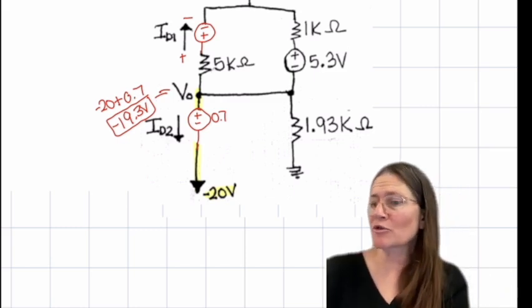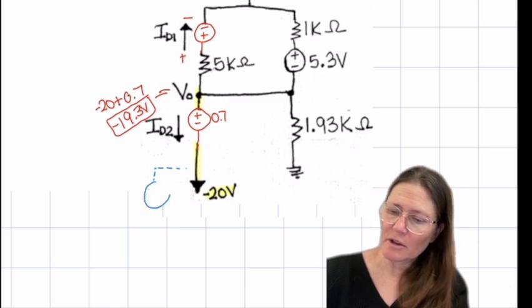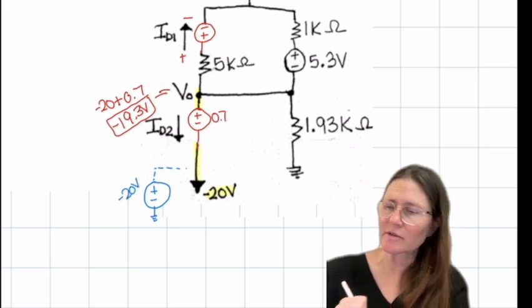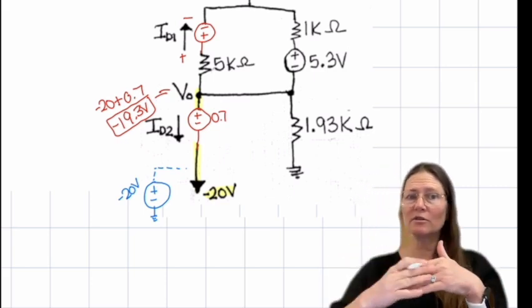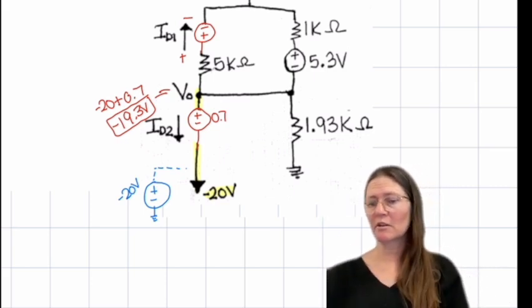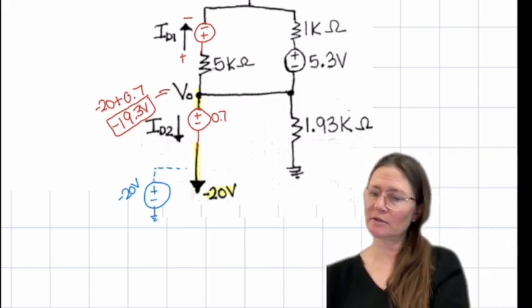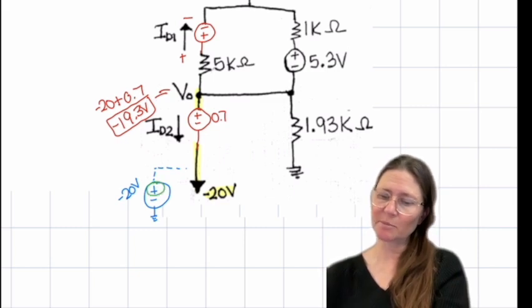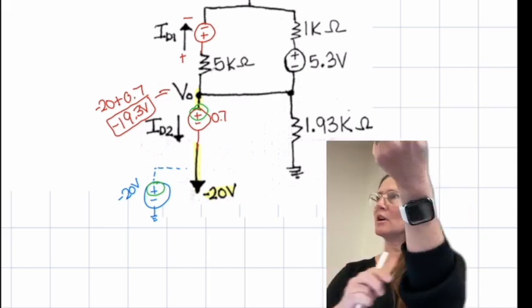I could redraw that, and it would actually be this with a minus 20 volt source. That gives me a reference from ground to that point of minus 20. Then I go through this source, plus, minus 20, and a plus, and that would get me to V naught.